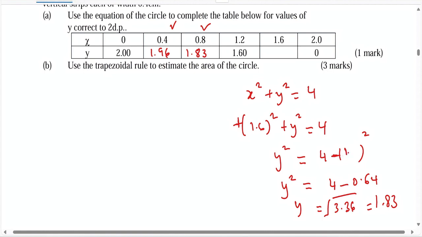So if you square 1.6, 1.6 squared will be 2.56.